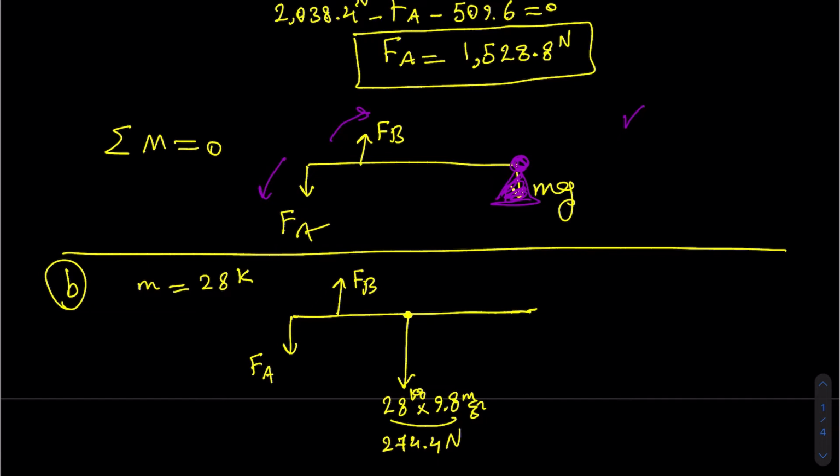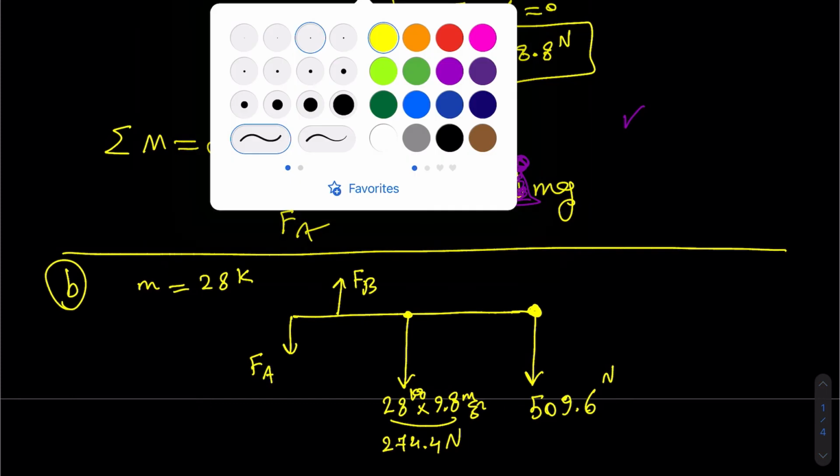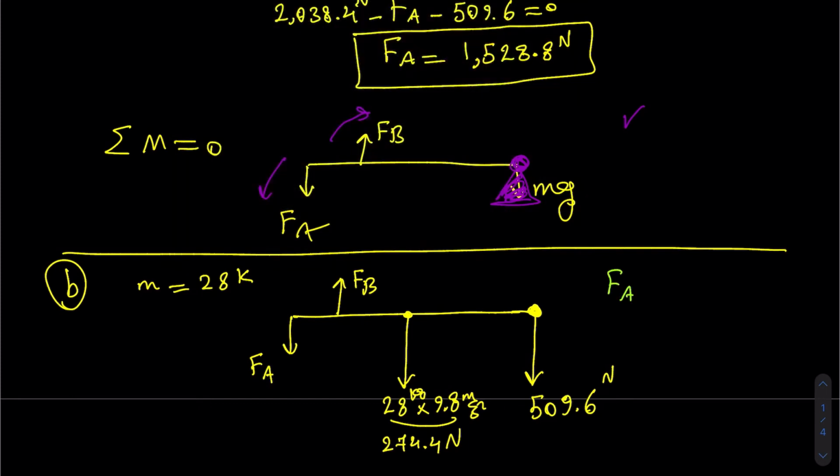And then we have the mass of the diver here, which is 52 kilograms, and the force will be equal to 509.6 newtons. Then we want to find out the value of FA and FB. What is the value of these two?